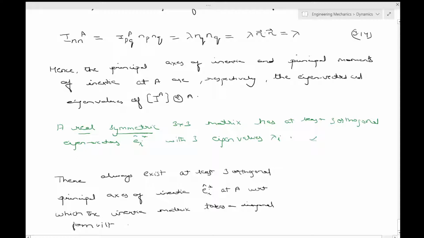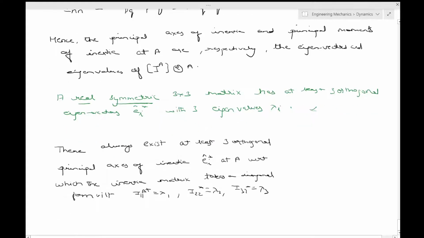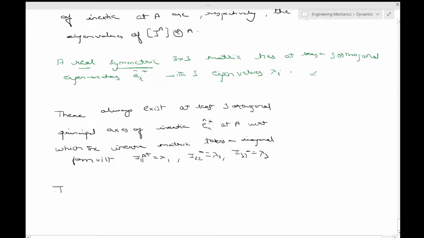with I11 A star is equal to lambda 1, I22 star is equal to lambda 2, and I33 star is equal to lambda 3. So this means that in the principal system, lambda 1 0 0, 0 lambda 2 0, 0 0 lambda 3.